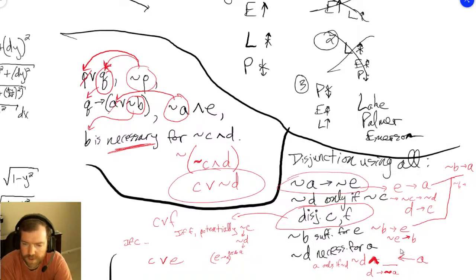So if A implies not D, right, because we can do contrapositive for that.